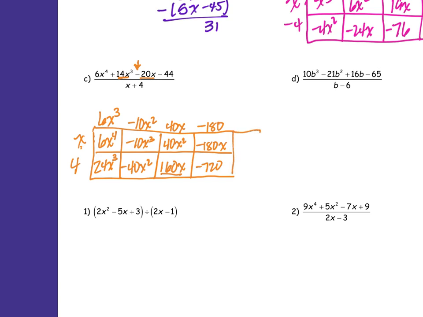And then I have my remainder. What do I add to negative 720 to get negative 44? Well, that would be 676. So that's my remainder. So my answer is 6x cubed minus 10x squared plus 40x minus 180 plus 676 divided by x plus 4.